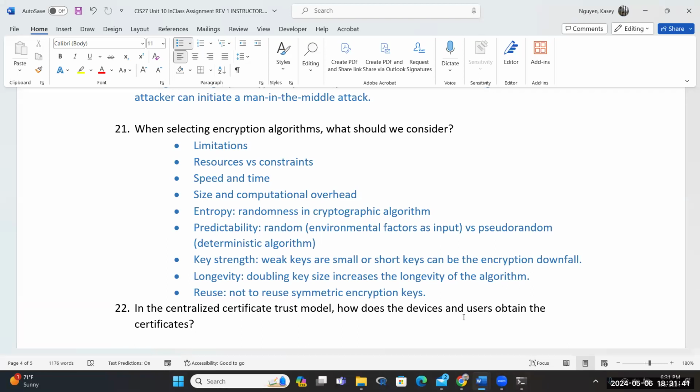So if the minimum is 128-bit, and it goes all the way up to, let's say, 2048, maybe 512 is the midpoint because you're able to double the key length there. And we don't reuse keys, especially for symmetric encryption keys.